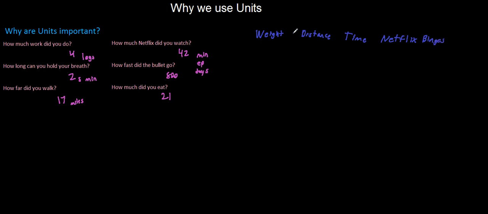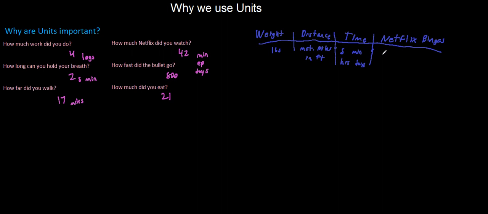So how do we measure weight? How do we measure distances? Well, almost all of them have multiple ways of measuring. We can measure weight in pounds, and there are several other ways we'll talk about later. Distance, there's meters, miles, inches, feet. And we know these things. For time, there's seconds, minutes, hours, days.